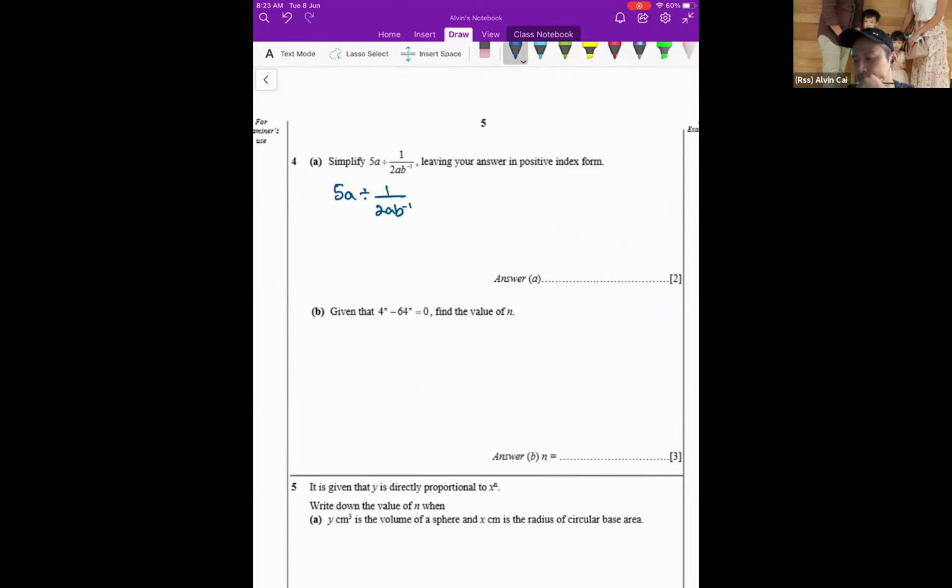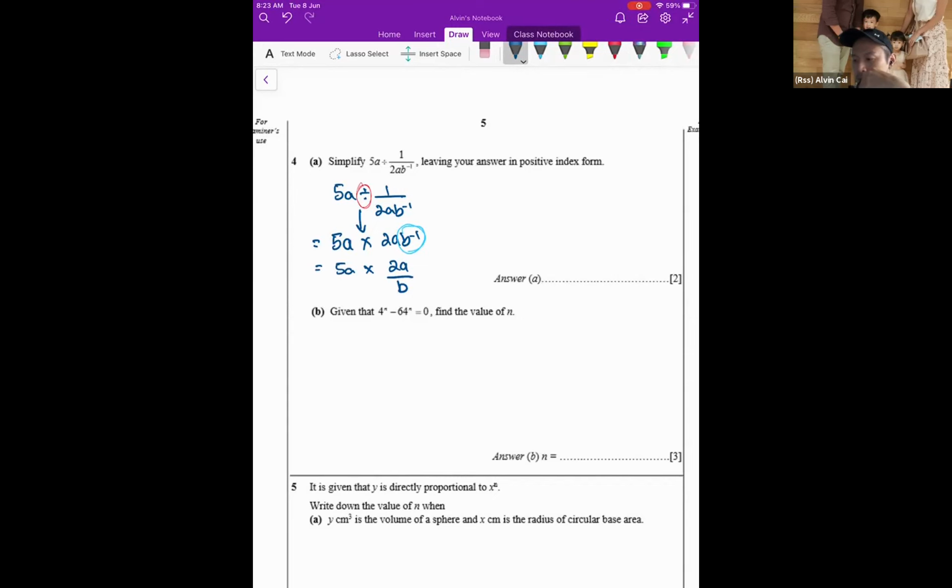The very first thing that we always do when we have this kind and it's a divide, we try to flip it. Change the divide to times. After we change the divide to times, we do the other things we need to do. In this case, because we have this power of -1, it becomes 2a over b.